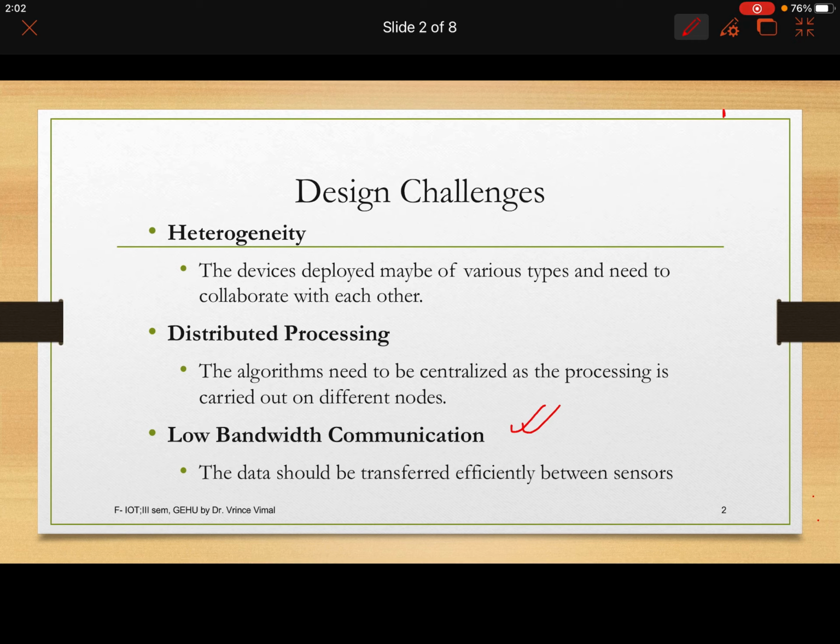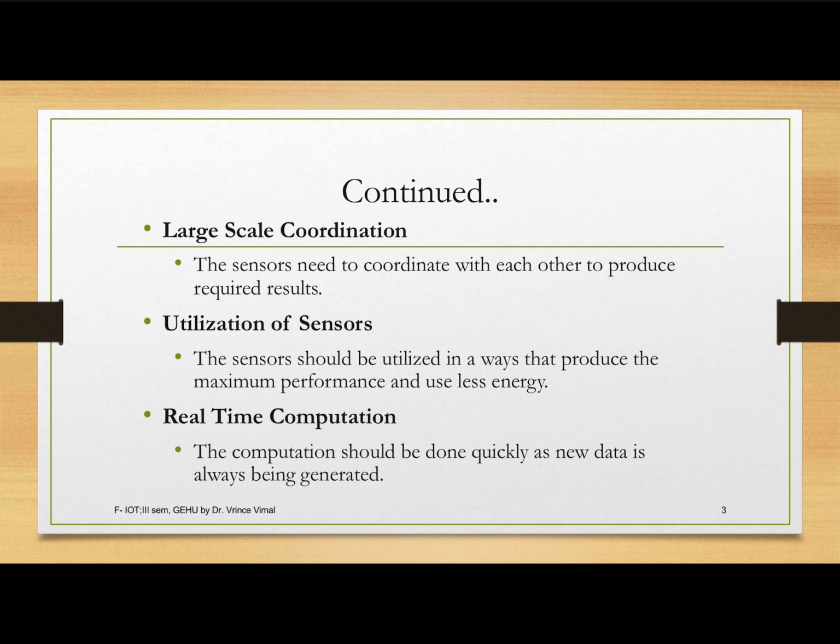Then we talk about large scale coordination, or scalability. Yesterday we talked about scalability, that the sensor network should be scalable. In the same way, suppose we have deployed a sensor network of 100 nodes, tomorrow these 100 nodes become 200. After 5 years down the line, they might become 2000 nodes or 200,000 nodes.